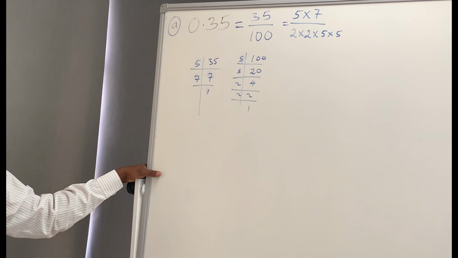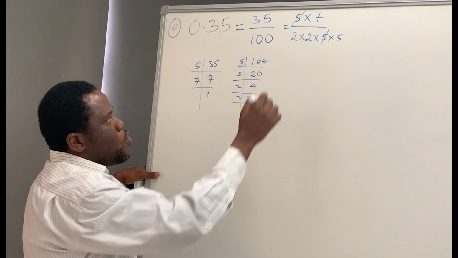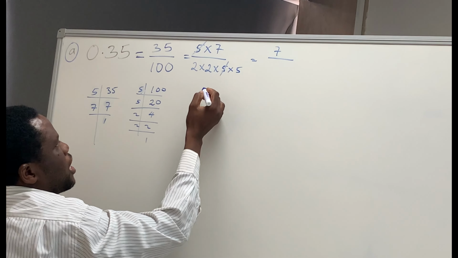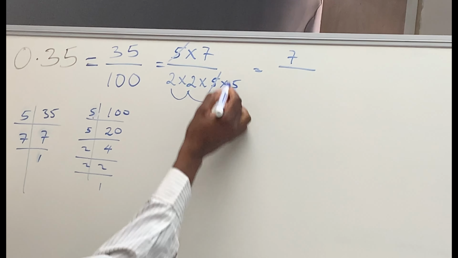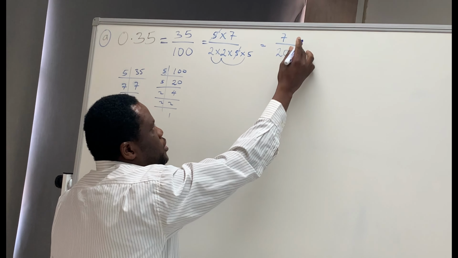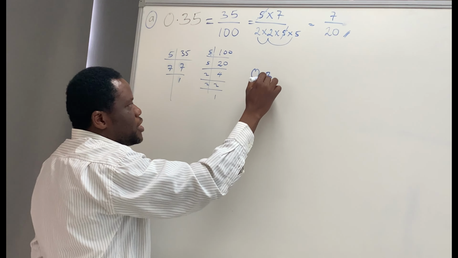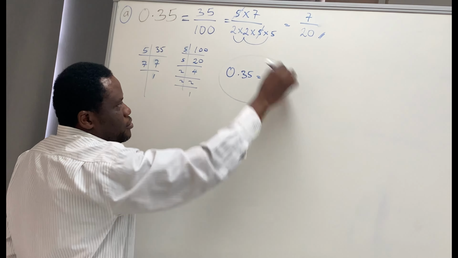So, reducing this, this 5 goes, this 5 goes. What is left? 7 is left here. This is 2 times 2 is 4, 4 times 5 is 20. So 0.35 is equivalent to 7 over 20.